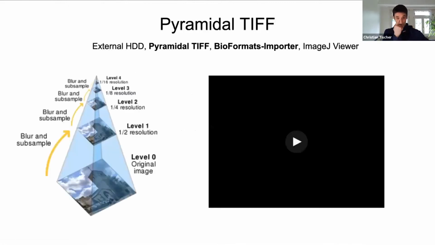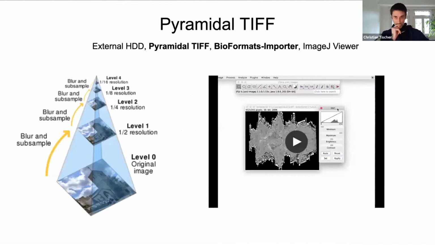Okay, so now we have introduced the concept of chunks. Another very important concept is the pyramid concept. And actually, this is also something you can do with TIFF. Some people also refer to this as the Google Maps style of saving data. So the idea is you save your data not only once, but multiple times, as is shown here on the left.